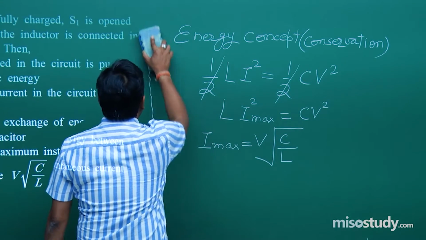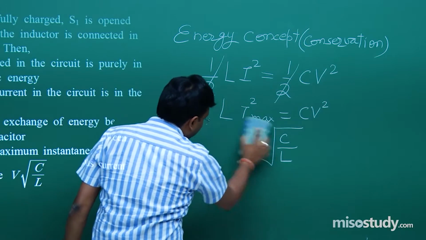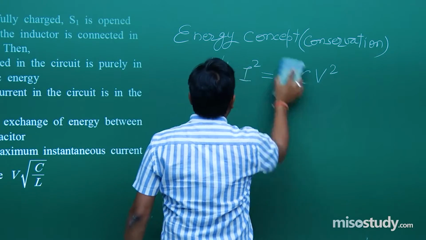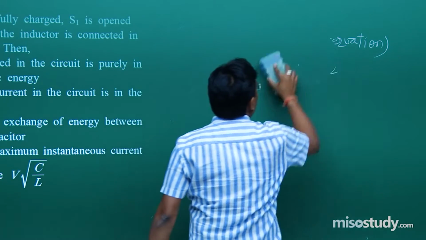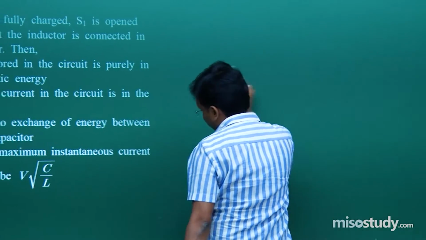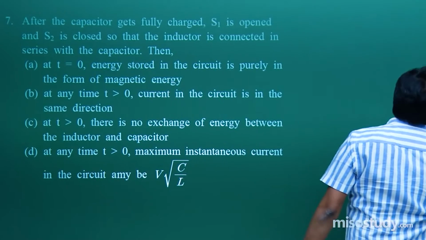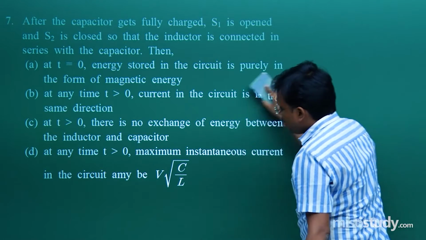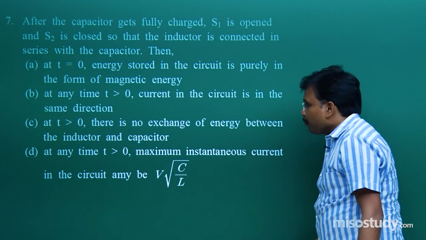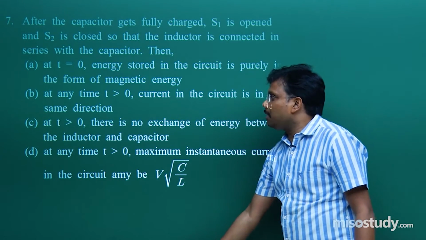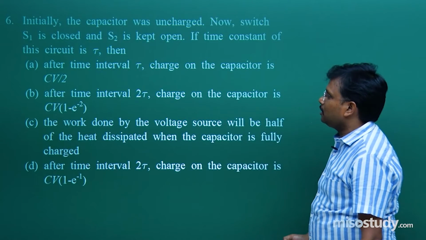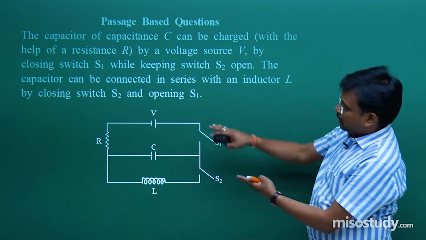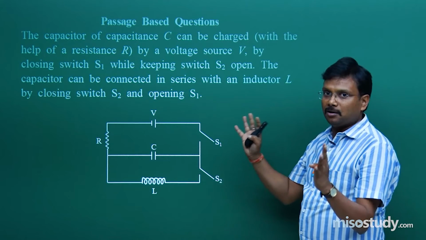So, before moving to the next problem, let's try to clean up this green board for your new question. And this new question is also based upon the same paragraph. So, before moving on to the next problem, once again take a look. Keep it in your mind, fix it again, once again.